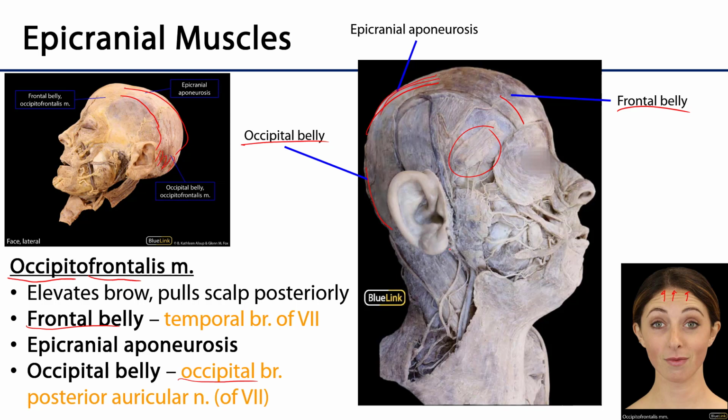So that's that nerve that comes out of the stylomastoid foramen heading back that way. So it's going to innervate the occipital belly. It's also going to innervate the posterior auricular and sometimes even the superior auricular nerve. But oftentimes that is dual innervation between the occipital branch and those temporal branches.